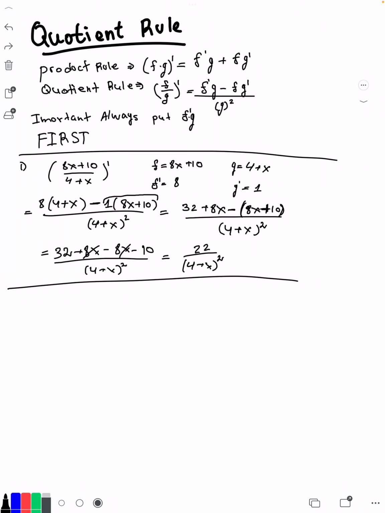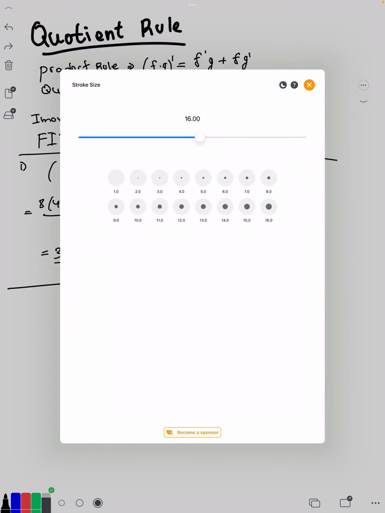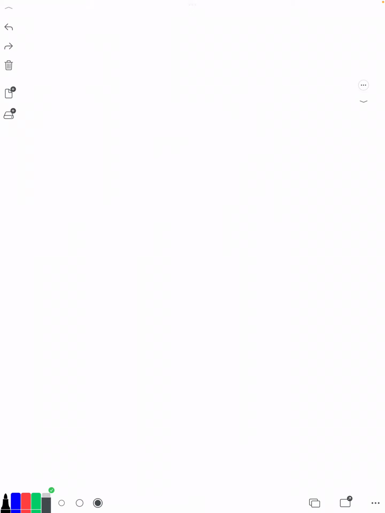Now let's look at another example. 8x to the power of 2 plus 3x divided by 4x plus 2.